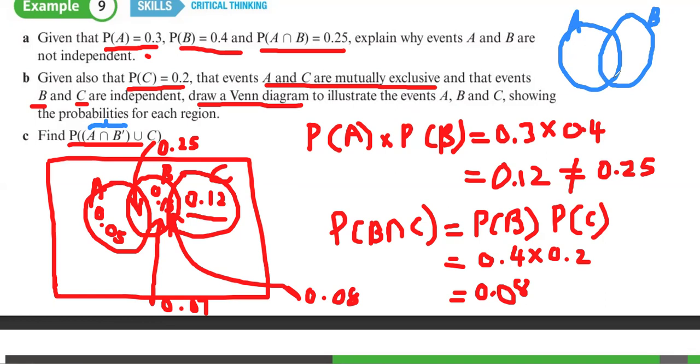B dash means without B. Therefore, only this one, only A. We consider this area for A intersection B dash. Union means we have to add C also, total C. Therefore, total value equals P(C) equals 0.2 and 0.05, total is 0.25.